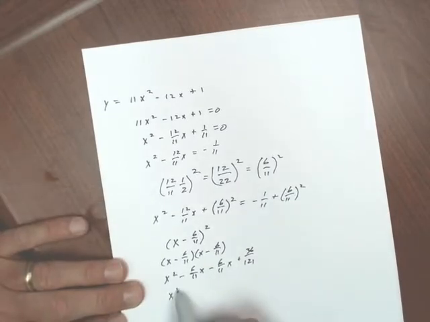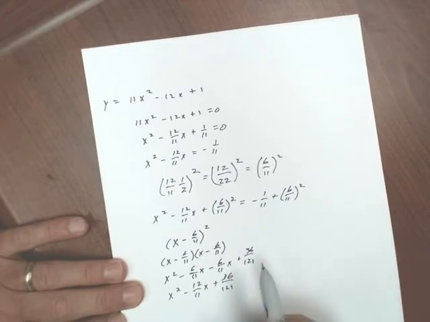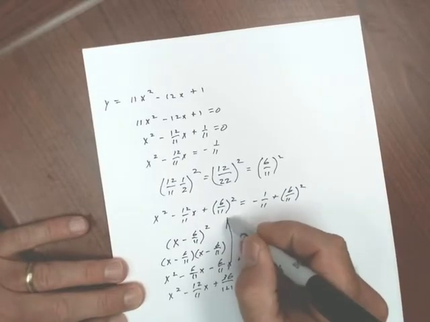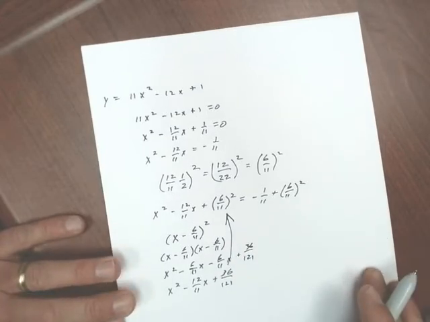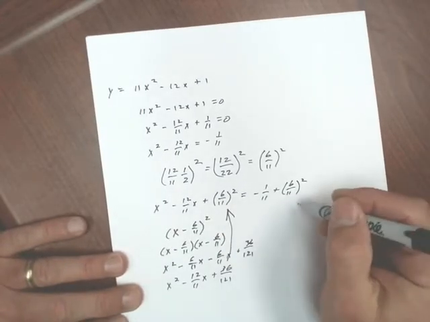Okay? This gives us x squared minus 12/11 x plus 36 over 121, which is exactly 6/11 squared. Okay, so we get the same thing back.